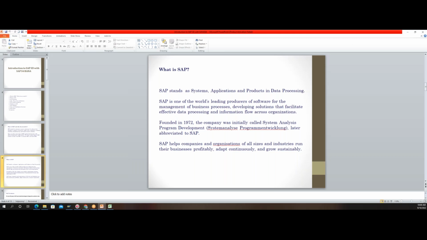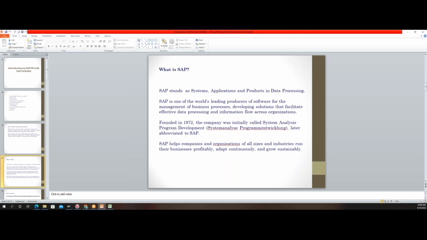In processing the data, what is involved? Systems, applications, and their products. So SAP has taken this particular baseline, and they have brought this as the company name and also their product name.